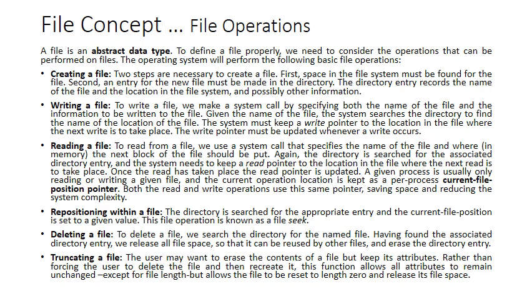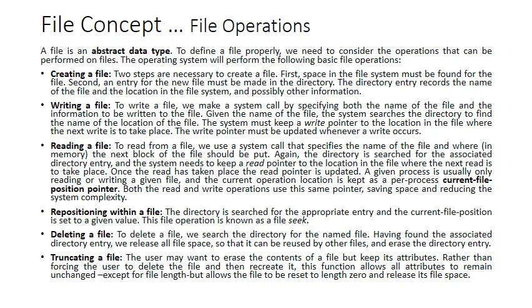Again, the directory is searched for the associated directory entry and the system needs to keep a read pointer to the location in the file where the next read is to take place. Once the read has taken place, the read pointer is updated, that is, to the next location from where the next read is to take place.